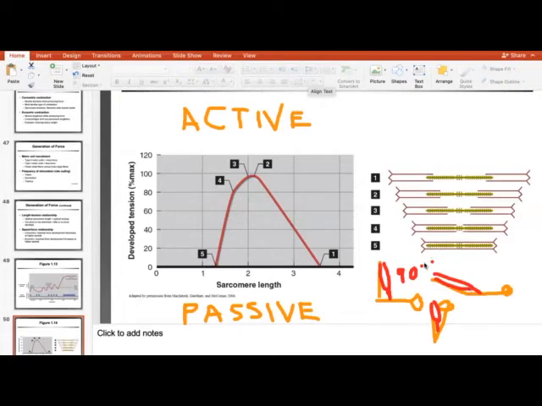So my arm being completely flexed is when my muscle is going to be as short as possible, when my sarcomere length is really short.